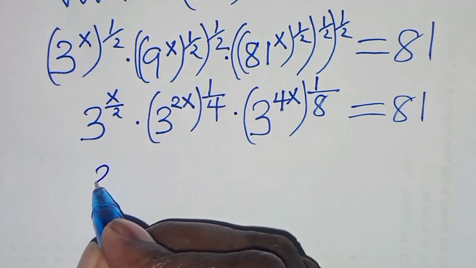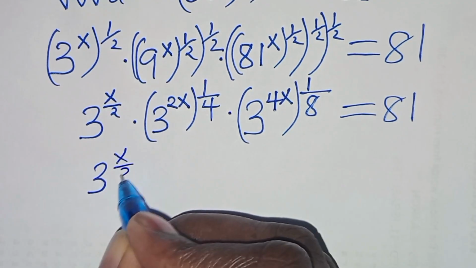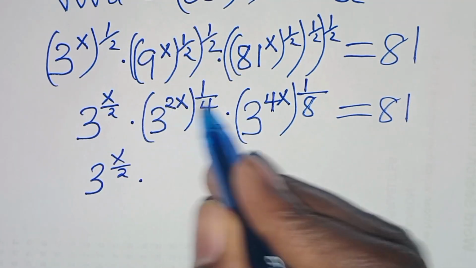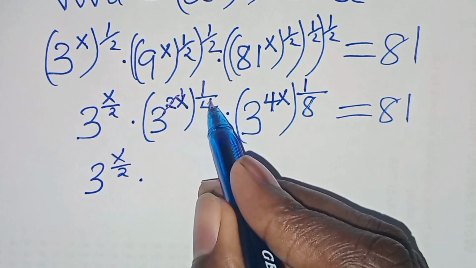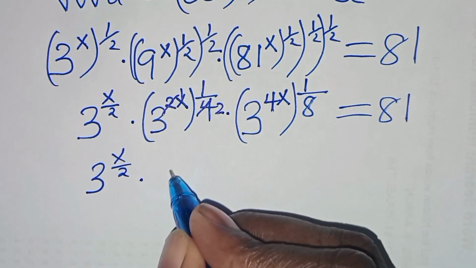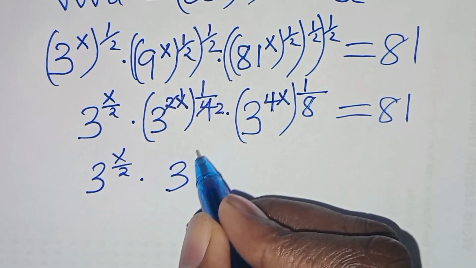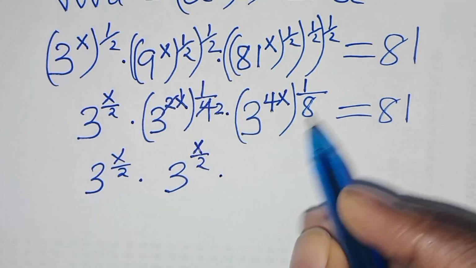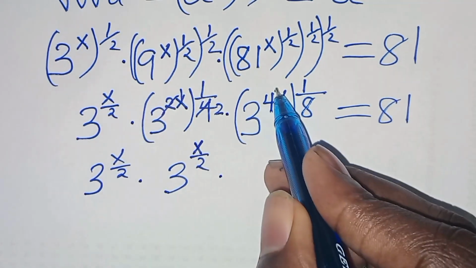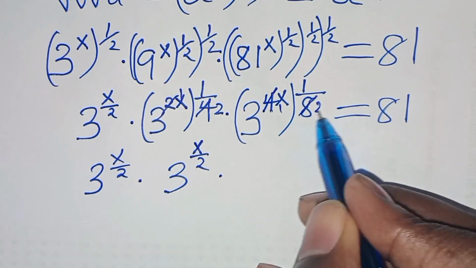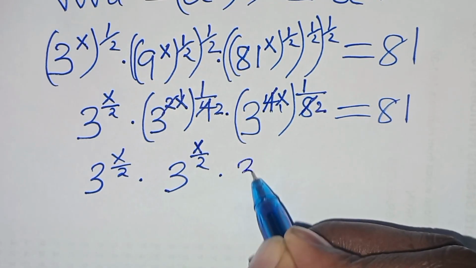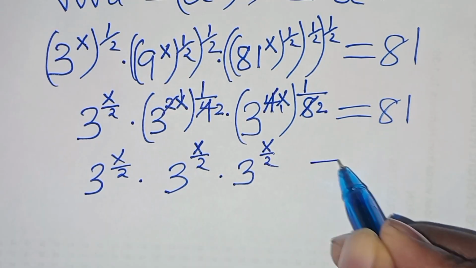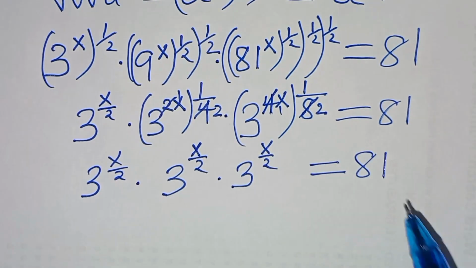So this is 3 raised to power x over 2 times, now here we simplify, we can divide 4 by 2, by 2 is 1, by 2 this is 2. So we have 3 raised to power x over 2, then times, here we can simplify again, 8 divided by 4 is 2. So we have 3 raised to power x over 2, this is equal to 81.